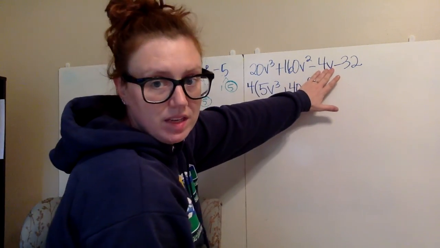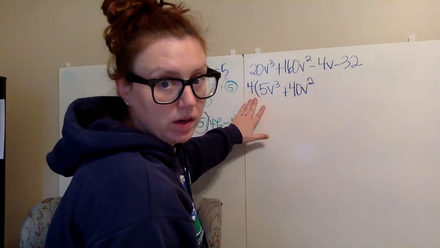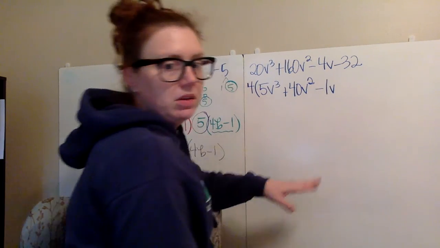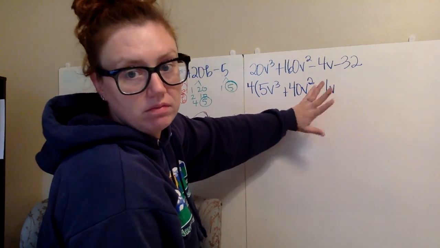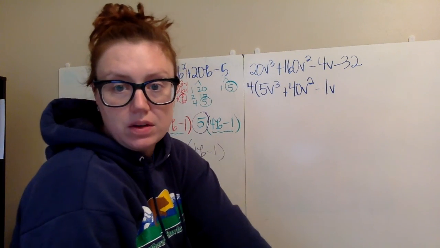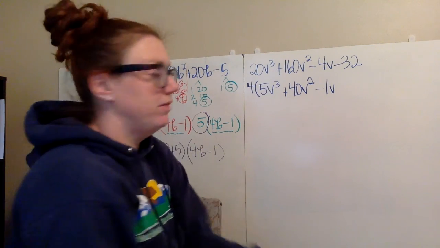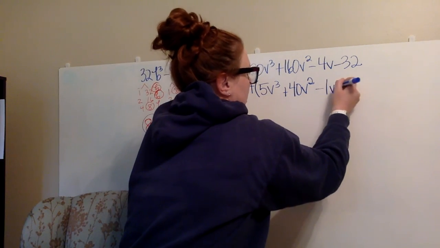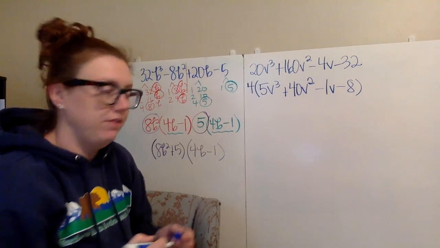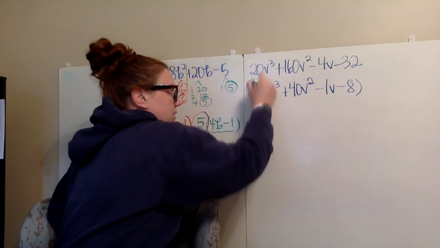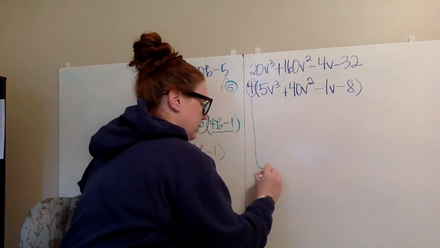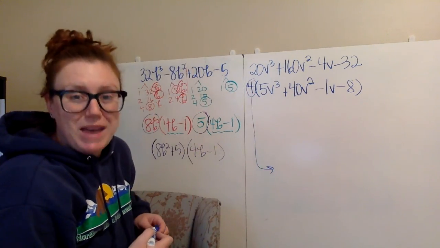Negative 4v divided by 4 is negative 1v. You don't need that 1. It's okay, doesn't hurt anything. And negative 32 divided by 4 is negative 8. All right, so I looked and I found a GCF. I'm going to circle this outside GCF that I just took out. I'm going to draw an arrow down to the bottom that reminds me to put that back into my problem.